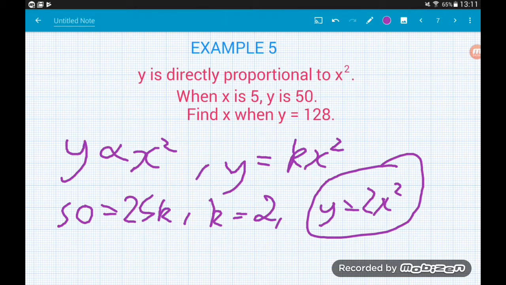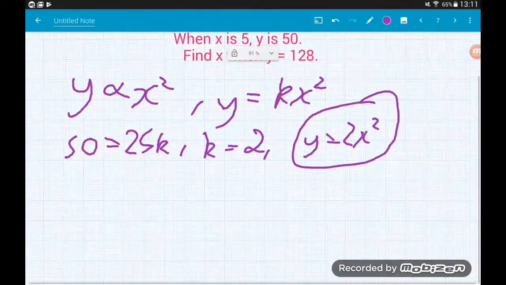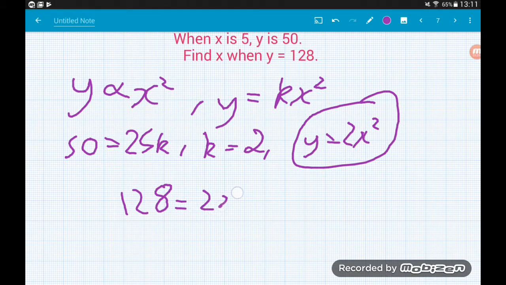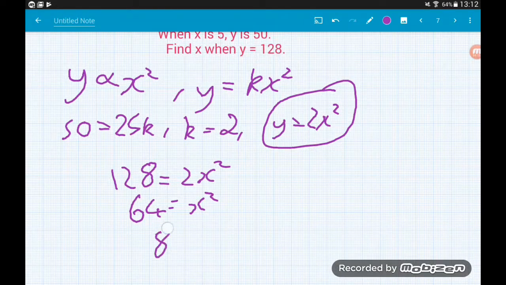Now we want to find x when y equals 128. So we just substitute in y equals 128, and that's equal to 2x squared. Divide by 2, we get 64 equals x squared, and then if we square root, we get 8 is equal to x.